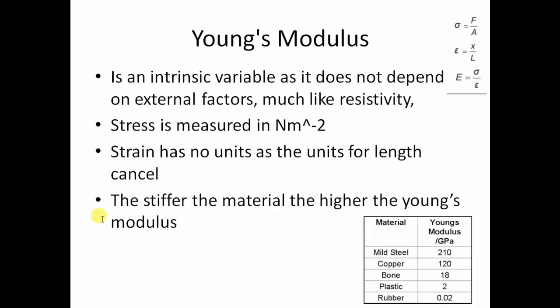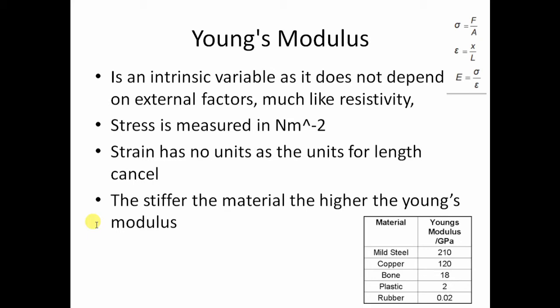On to Young's modulus. Young's modulus is an intrinsic variable. This means it does not depend on temperature or pressure. It's quite like resistivity in that sense. To calculate Young's modulus, we use stress over strain.